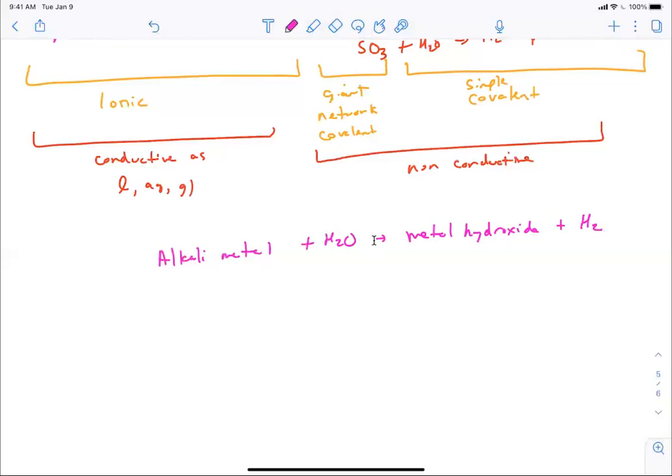The metal with the water forms metal hydroxide and H2, but the metal oxide does not, because it has the right ratio of oxygen to hydrogen to make everything into hydroxide. So there's no wasted hydrogen in those reactions.